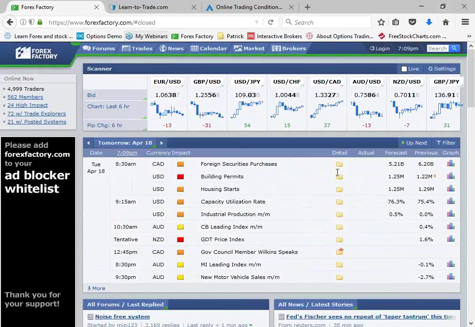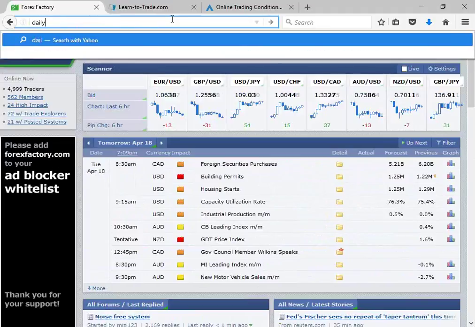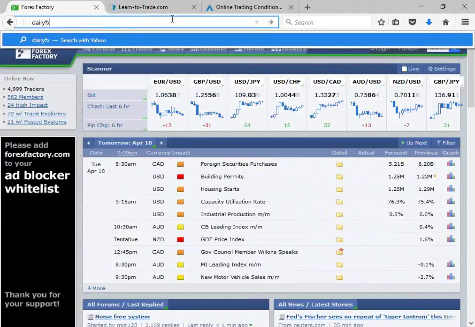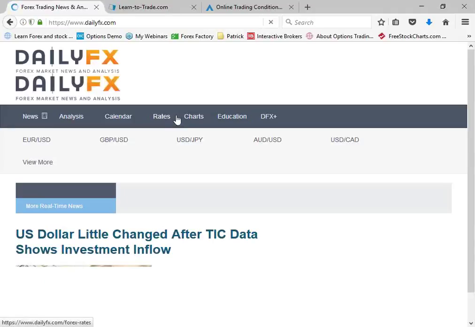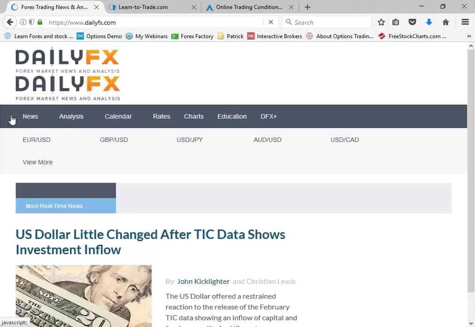There is another area you can get some reports from as well, I think it's called Daily FX. I believe that's it. Daily FX has a little button called News. And news around the world, we'll scroll in, and you can keep this open where it says News.